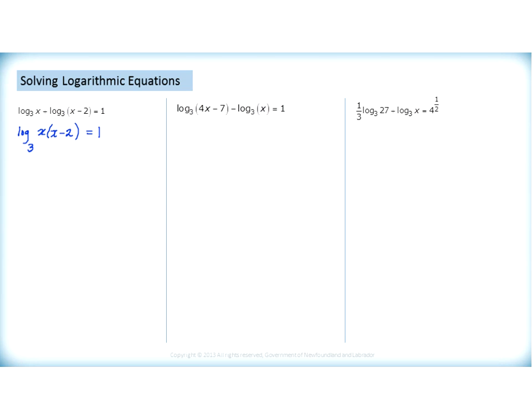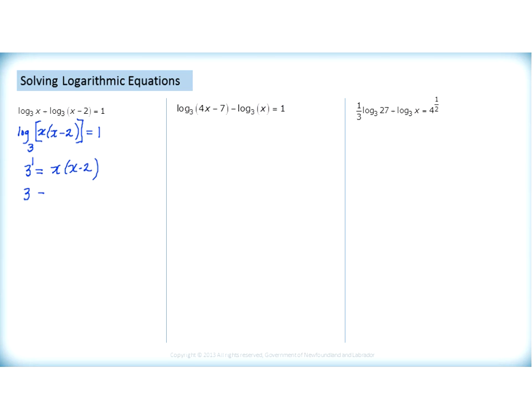In order to remove the word log, we need to convert that equation in logarithmic form to exponential form. So we have 3 raised to the power of 1 is equal to x multiplied by x minus 2.